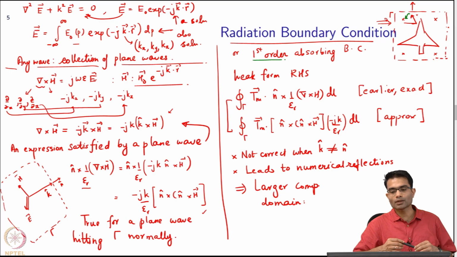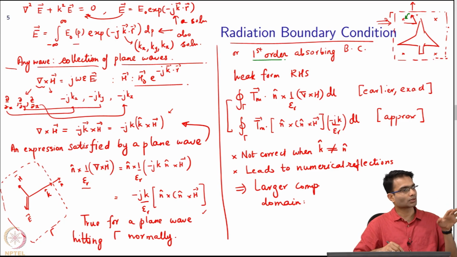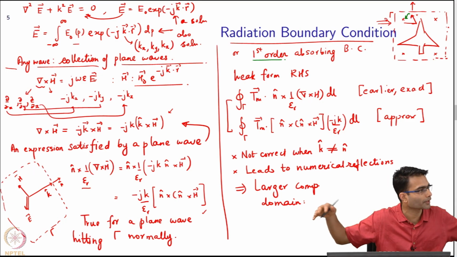So, for example, here what are we doing? We are imposing that the reflection go to 0 at one angle. A second order boundary condition will allow you to make the reflection go to 0 at 2 angles. Third order will allow you to do it at 3 angles, and so on. The mathematical form will become more and more complicated.